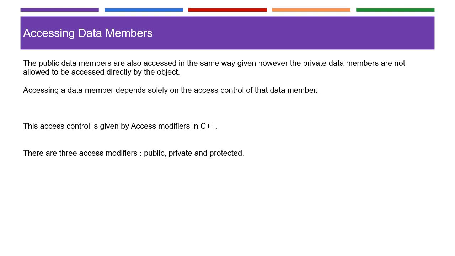The access controls are private, public and protected, which are called access specifiers. This access control is given by access modifiers in C++. There are three basic access modifiers, or we can call them access specifiers, in C++. The first one is public, second one is private and third one is protected.